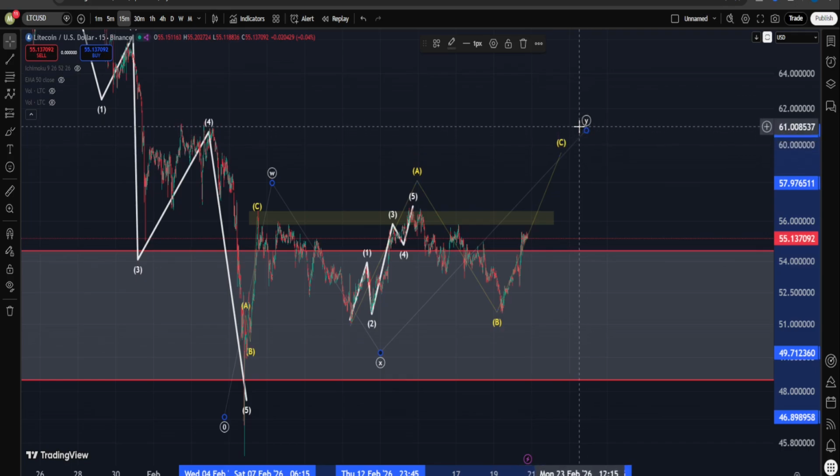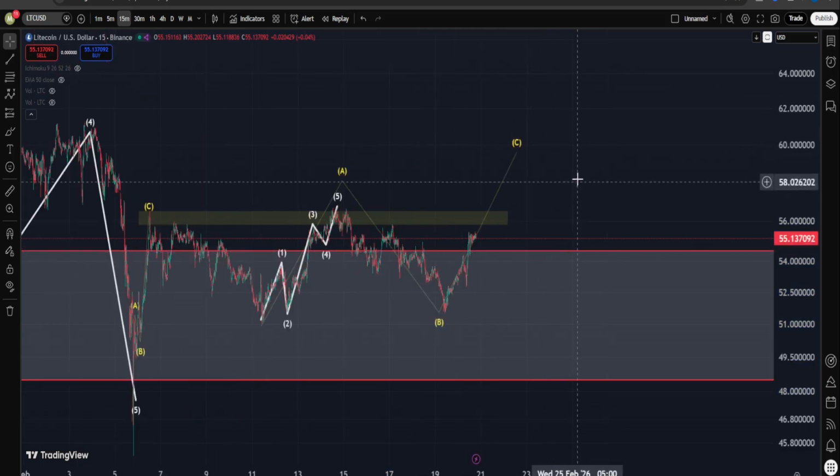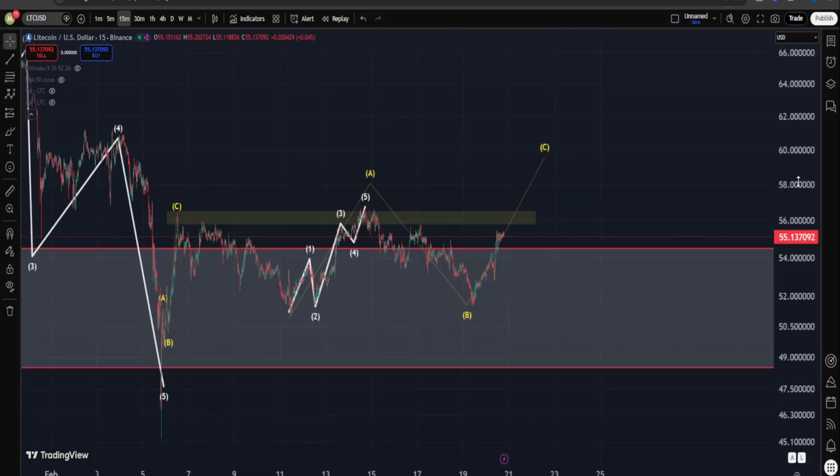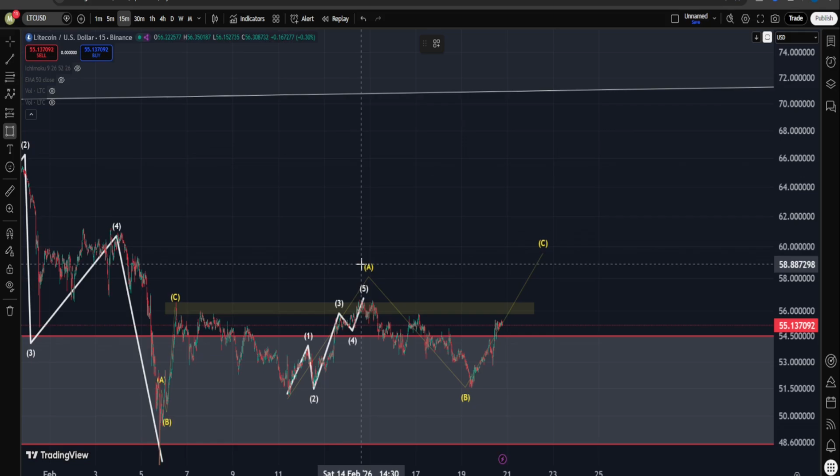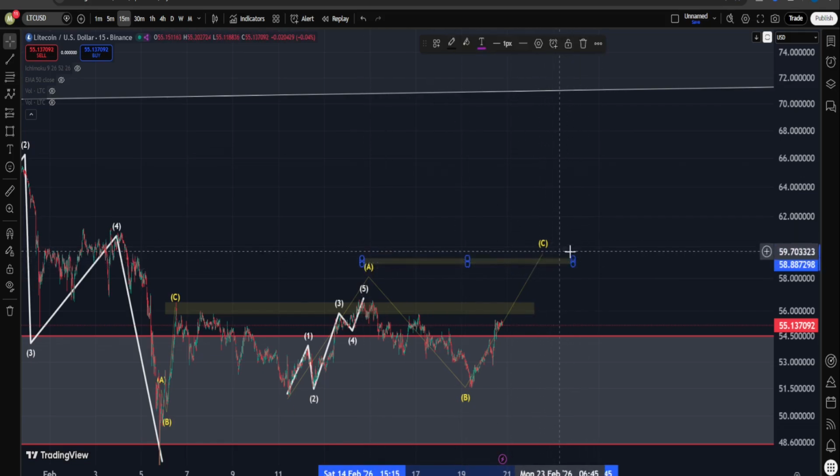Well, I think you can actually get help from once more classic TA, meaning support and resistances. And sure, there is actually a decent area of significance to consider. I think it was somewhere around $58.50 right in here. However, I don't necessarily think this is that much of a strong area. Why?